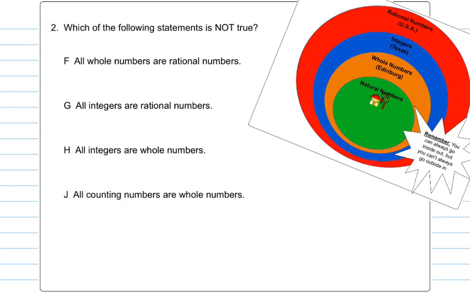So notice off to the right-hand side, I've added in our Venn diagram again. Why? Because I want to, again, relate back to your house, Edinburgh, Texas, and the United States. So all of the rational, I'm going to put USA above them. Then I'm going to go on to integers.